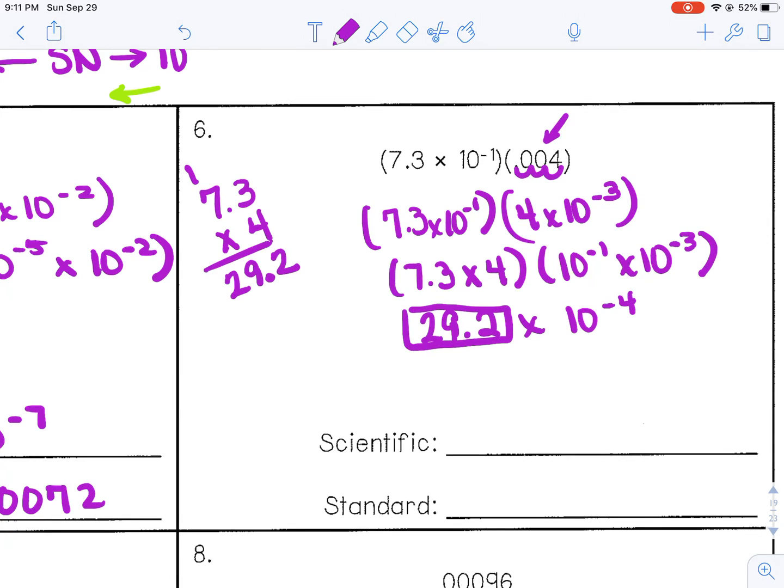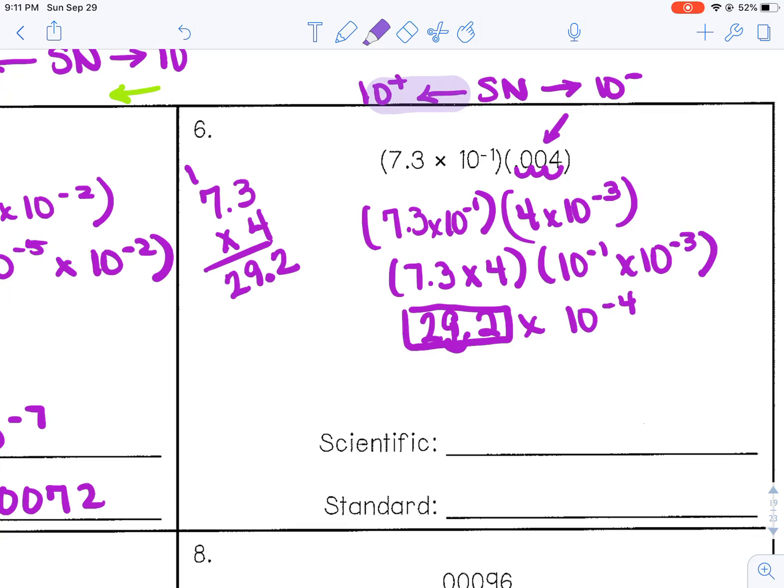I keep wanting to put this up here so I can see which direction to go pretty easily. I've got to move the decimal to the left one time. So if I move it to the left, that's going to make it to the positive first power.